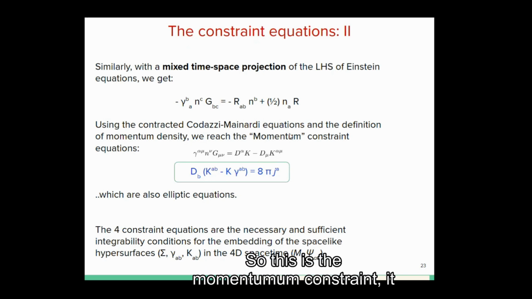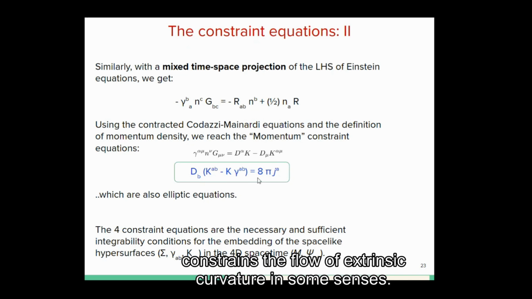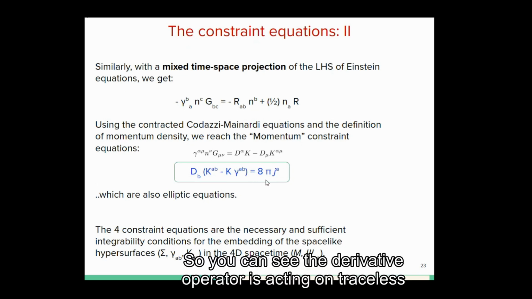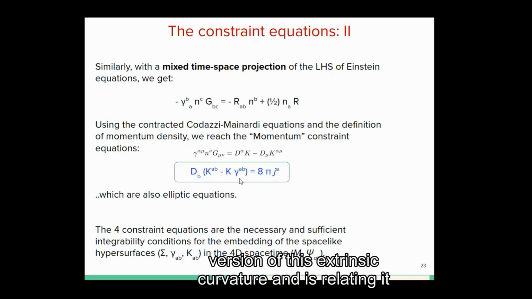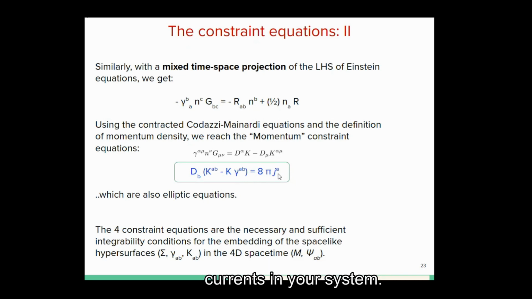So this is the momentum constraint. It constrains the flow of extrinsic curvature in some sense. You can see the derivative operator is acting on a version of this extrinsic curvature. It's relating it to the actual mass currents in your system.